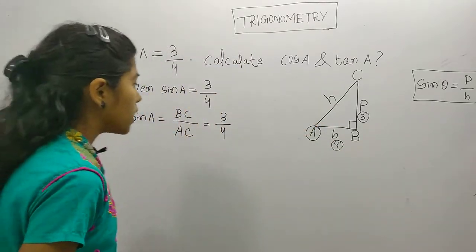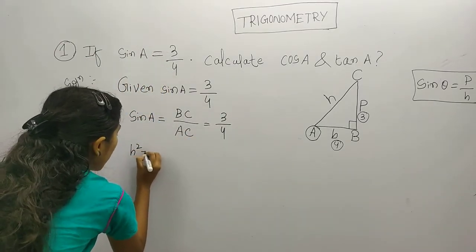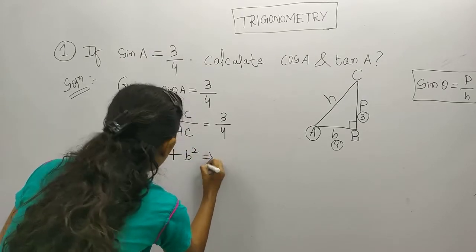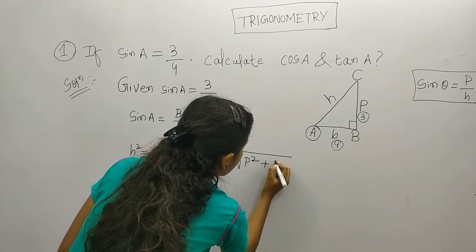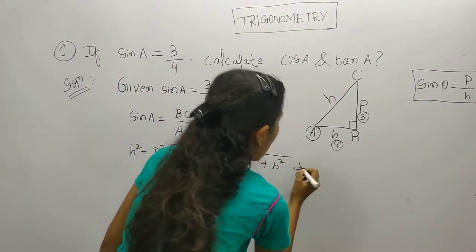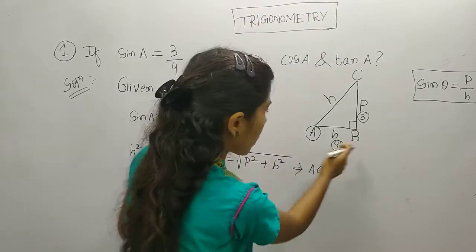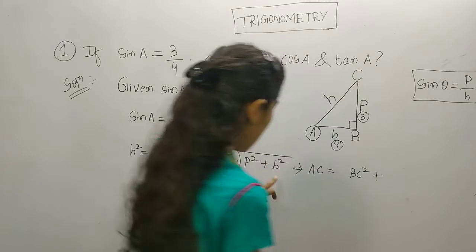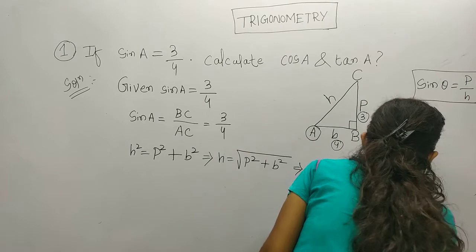Yesterday we learnt one formula from the Pythagoras theorem: H square equals P square plus B square. That implies H equals root of P square plus B square. The square came to this side, so it became root. H is AC. So AC equals root of BC square plus AB square.